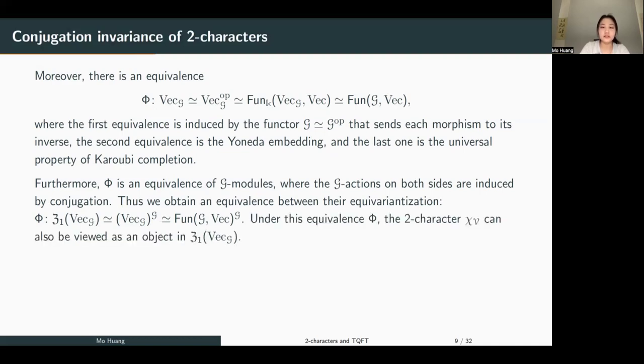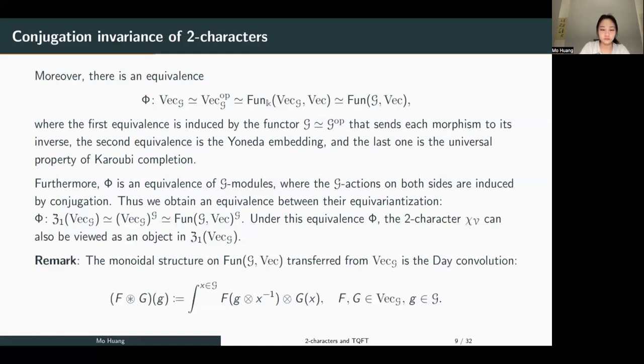And under this equivalence, the 2-character chi V can also be viewed as an object in this Drinfeld center of Vect^G. Here is a remark that the monoidal structure on the functor category from G to Vect transferred from Vect^G is a Day convolution as follows.